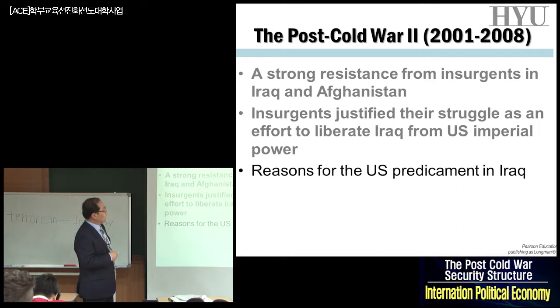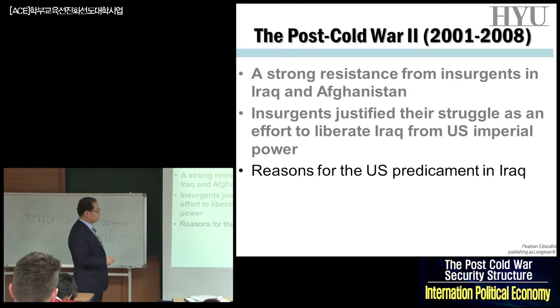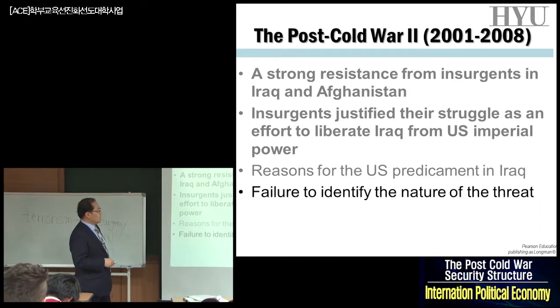Insurgents think that their struggles are justified, because they are not terrorists. They are not terrorists, right? And from their perspective, they are simply liberating their country from U.S. imperial power. So America failed to identify the nature of the threat, right?